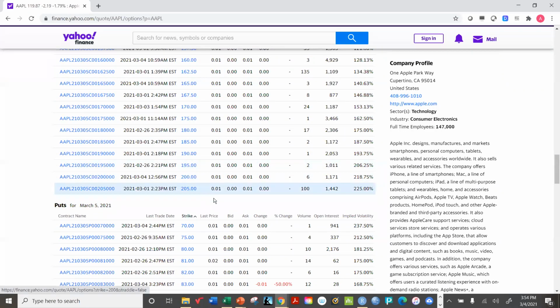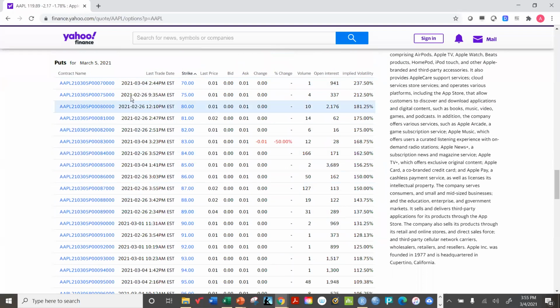And then down here with the puts, we have the strike and the prices. The ask is the one that we pay, and we have open interest, and how many contracts were traded that day.